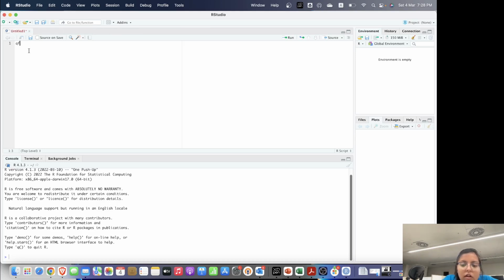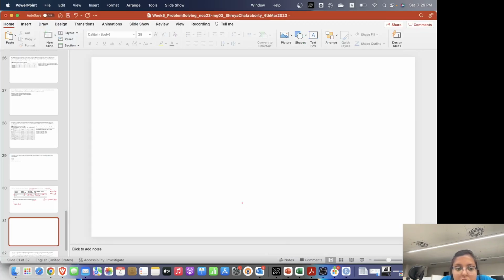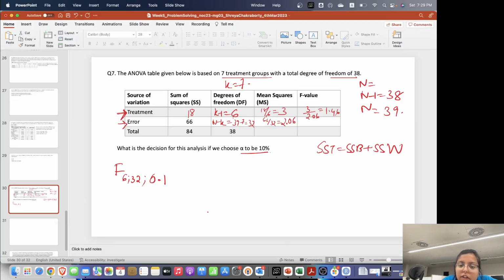The numerator degrees of freedom was 6, denominator was 32. So F critical is 1.96.